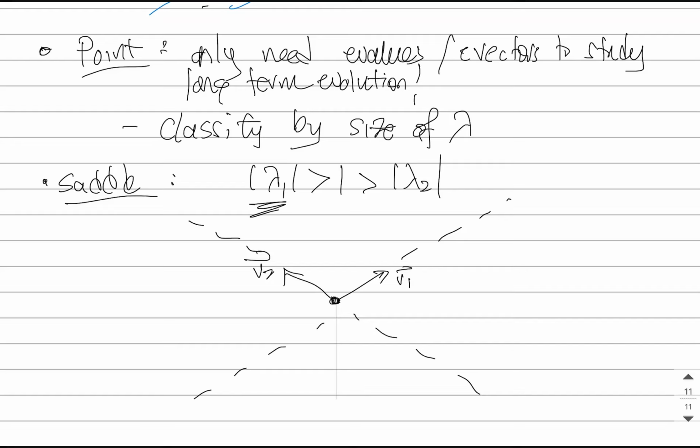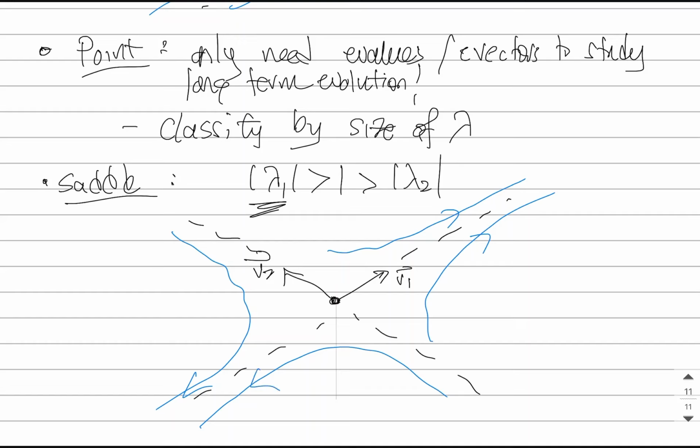As you go forward, as you evolve in time, all solutions approach there. And if you go negative in time, you could imagine that things would start from the smaller eigenvector and approach the bigger one as you evolve in time. If both of your eigenvalues are smaller than 1, eventually all of your trajectories approach 0.